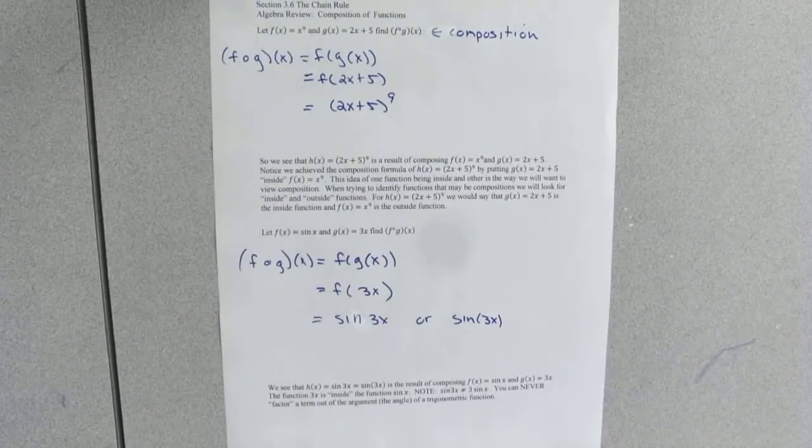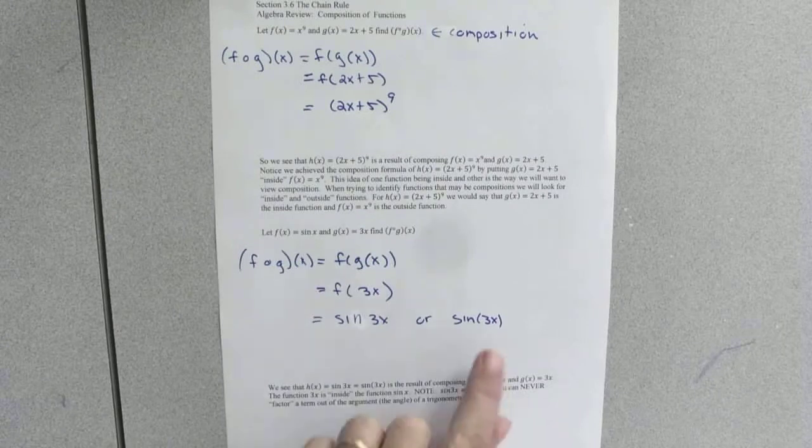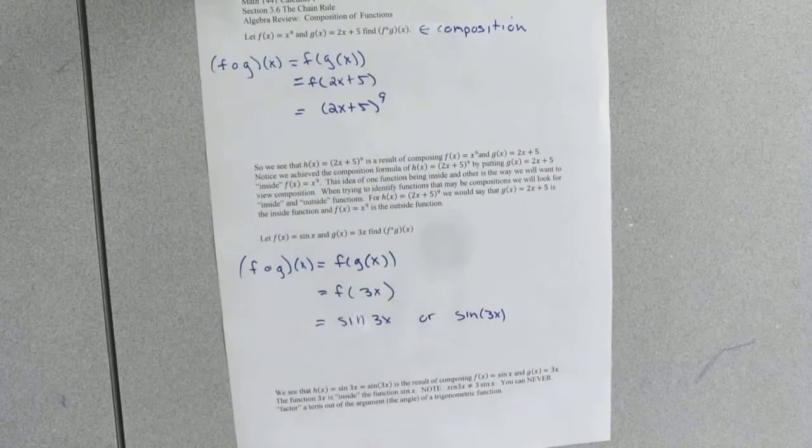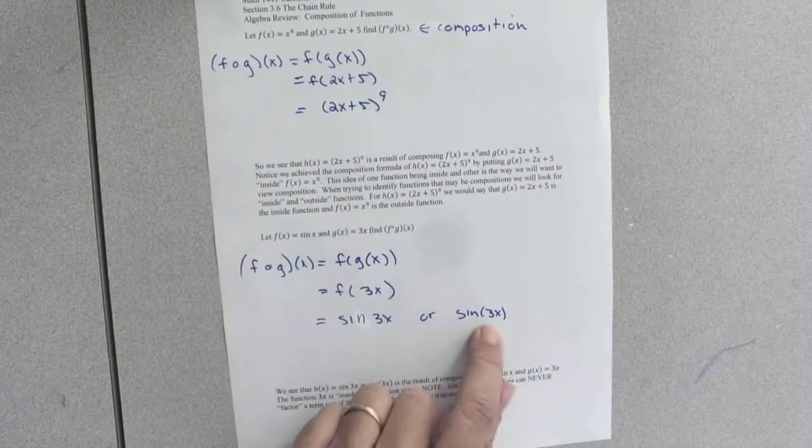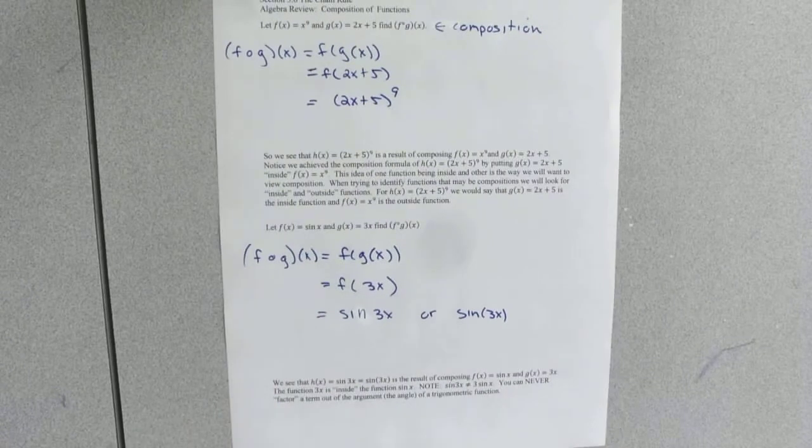Sometimes the arguments will be in parentheses, sometimes not. It just depends on the author and the textbook. Those mean the same thing. Now, if the argument ever involves something other than multiplication or division, say that was 3x plus 5, then the argument definitely would be in parentheses.